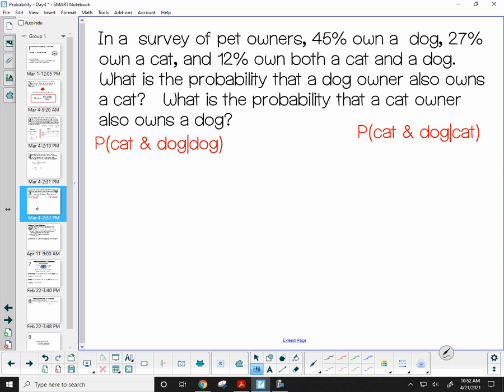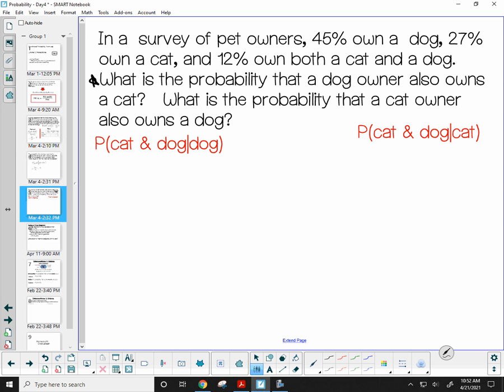It says, in a survey of pet owners, 45% own a dog, 27% own a cat, 12% own both. What's the probability that a dog owner also owns a cat? The probability that a dog owner also owns a cat. First and foremost, they have to be a dog owner. That's the given. So what's the probability, given that they already have a dog, that they also have a cat?